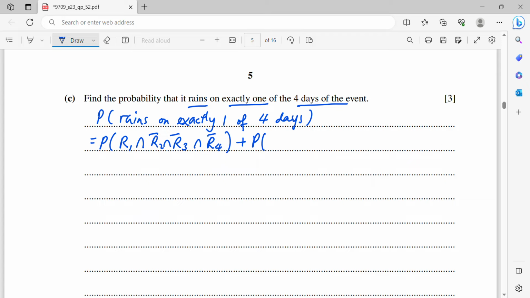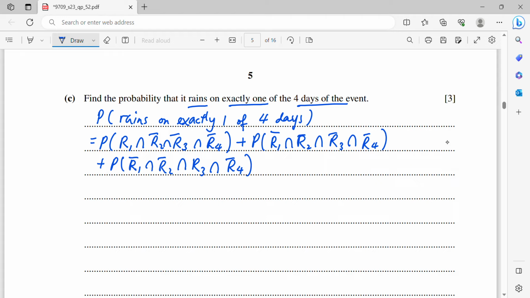Or it could be first day not rain, second day rains, then the rest of the days also no rain. Or I would say that first 2 days not rain, so the raining will be on the third day, followed by the fourth day not rain, or first 3 days not raining, and then the last day rain.